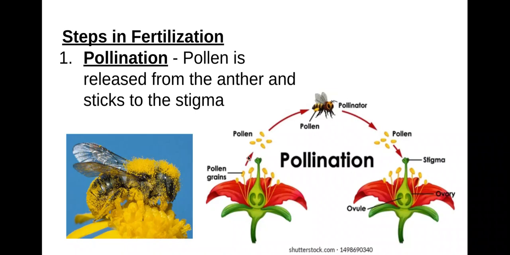This might happen on the same flower, or if we have separate male and female flowers, the pollen from one flower might have to land on the stigma from another flower. So this is pollination. There's lots of little pollinators like bees and bats and birds that carry pollen when they're drinking nectar from this flower, carry that pollen from one flower to another.